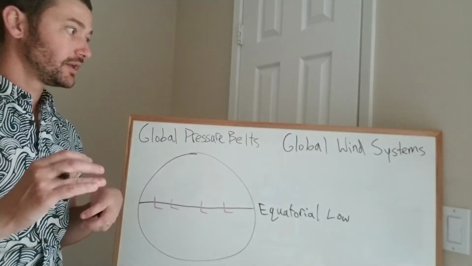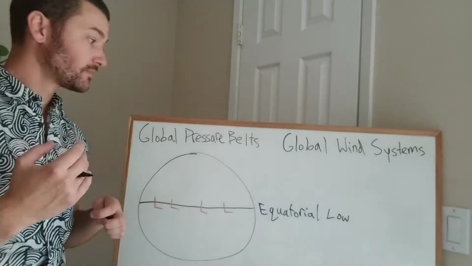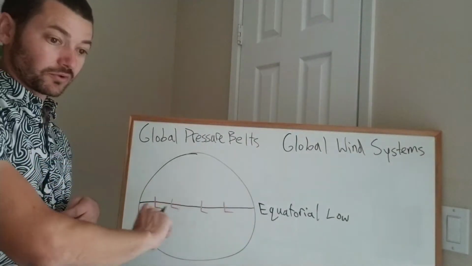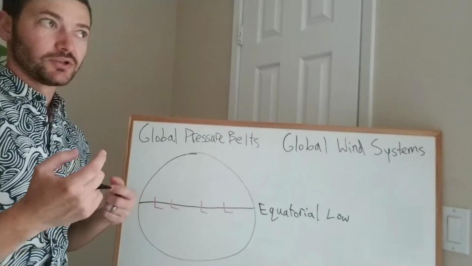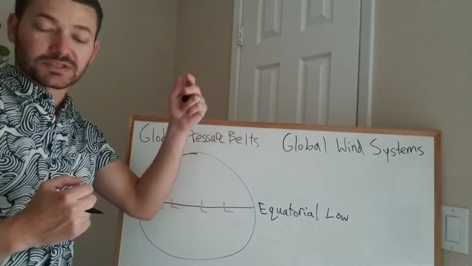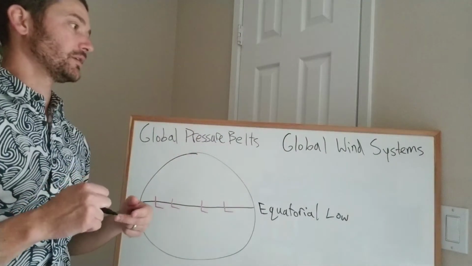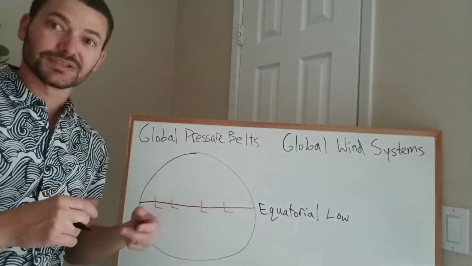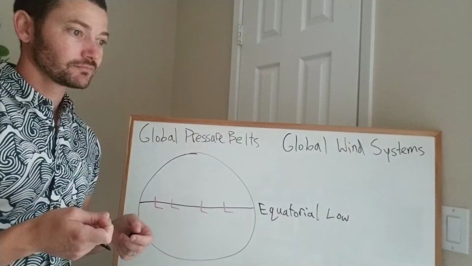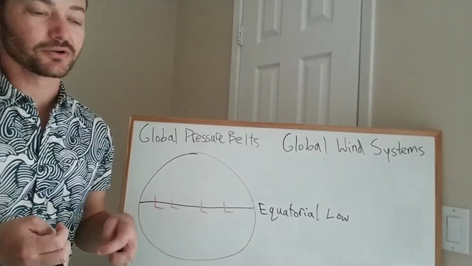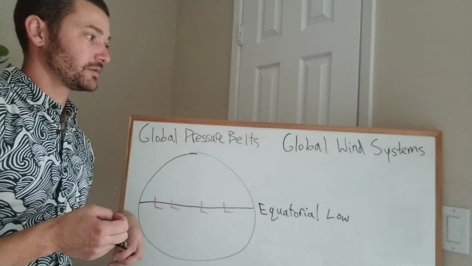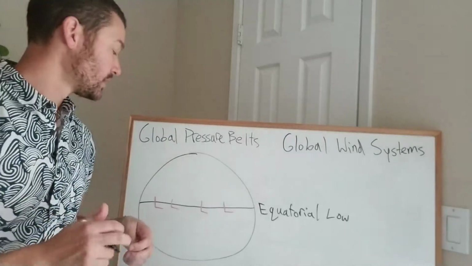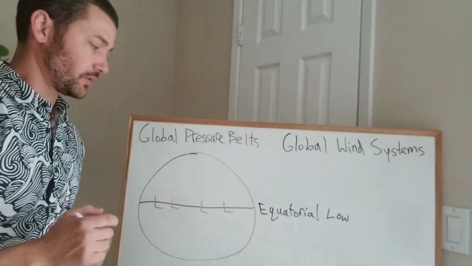If you look at a satellite picture from space, wherever that equatorial low is, wherever the clouds are, if it's in the north, you can tell it's summer. If it's in the south, you can tell it's winter or December. And if it's in the middle, it's either November or September or springtime, April, based on where that belt of clouds is. So that's kind of cool.